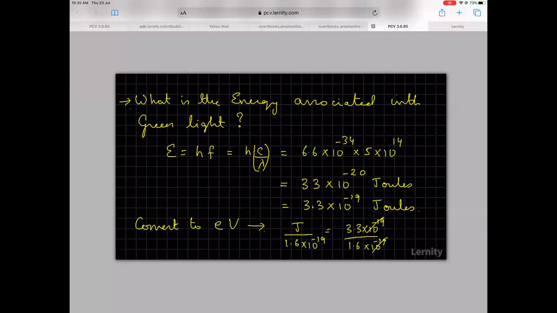These two will get cancelled, and approximately it will be 2.06 electron volt. Electron volt is a unit of energy. How do you convert joules to electron volt? By dividing by 1.6 into 10 power minus 19.